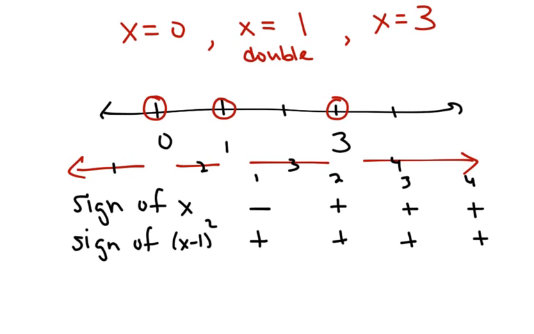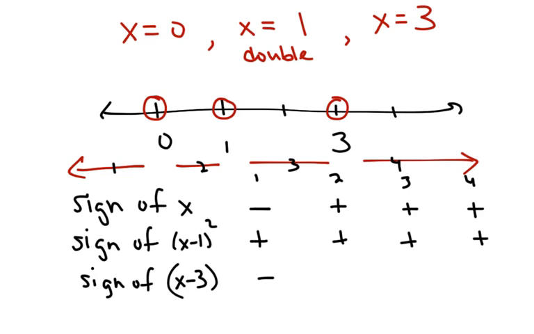The last thing that I'm going to look at is the sign of x minus 3, not squared. So in the region where the x values are less than 0, like if I pick negative 1, negative 1 minus 3 is negative 4, so it's always going to be negative in region 1.